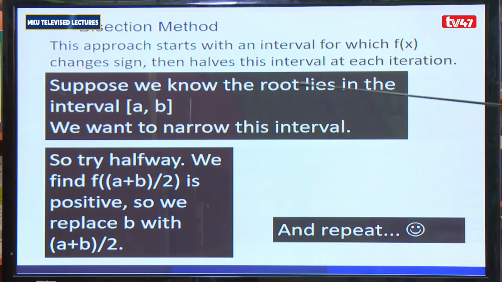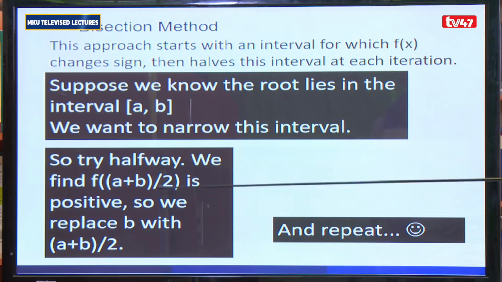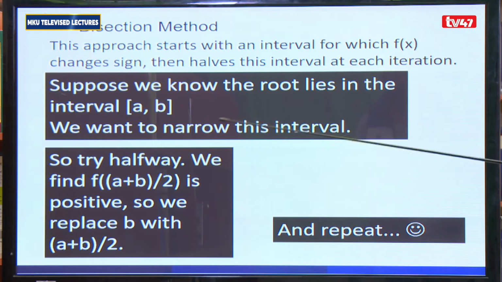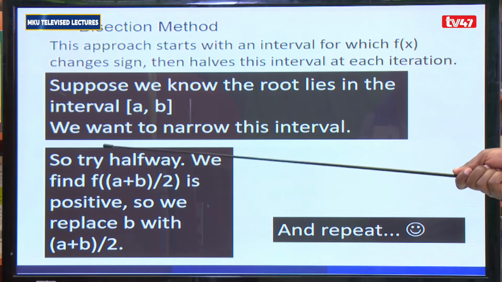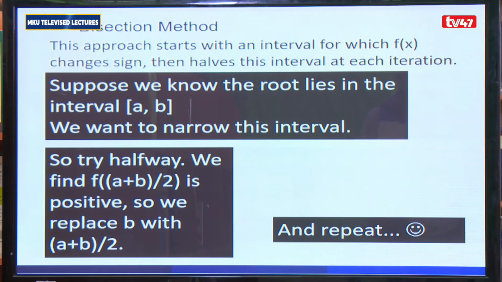What we start with is we select two real values a and b, and we find the corresponding values of the function, f(a) and f(b), such that one of them is positive and the other is negative. In this case, we can have f(a) being positive and f(b) being negative.